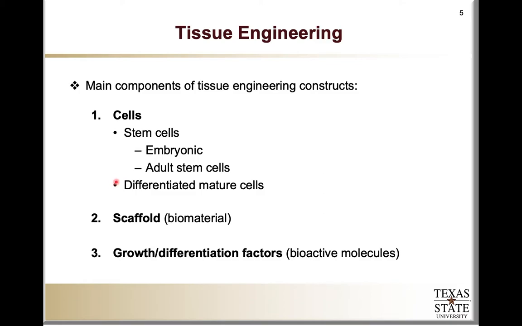One of the other problems with differentiated mature cells is that they have limited proliferation capability. They cannot be expanded in vitro. They typically begin to lose their phenotype or their properties as you start proliferating them. And the differentiation in culture is very, very difficult.